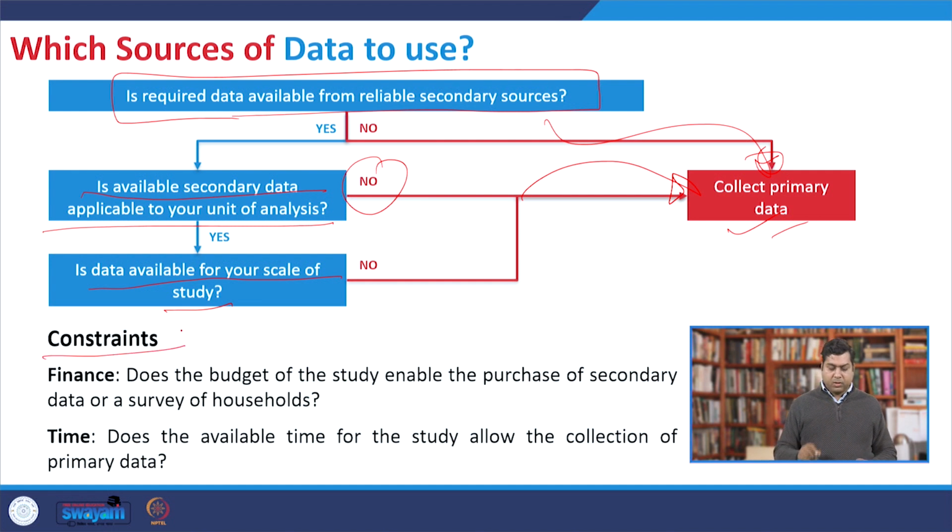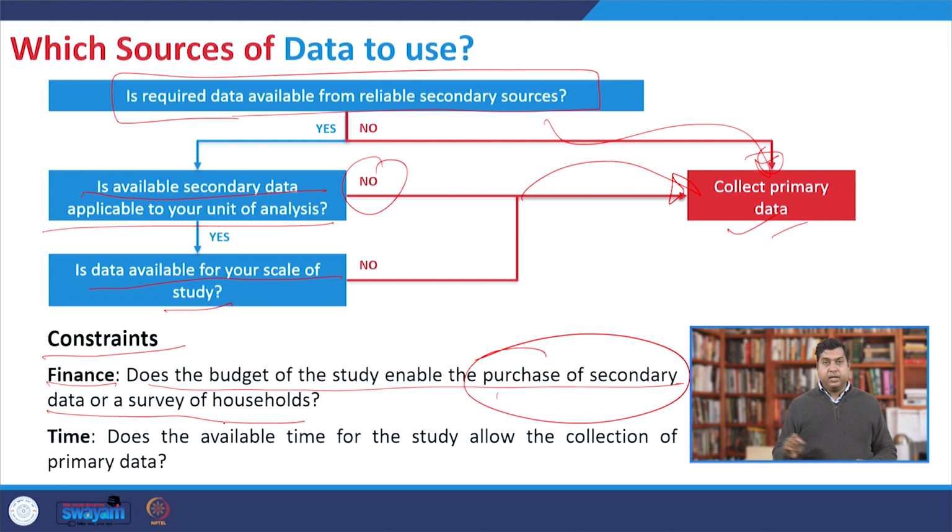Now the constraint of all this, one is definitely the budget. Does the budget of the study enable the purchase of secondary data and a survey, or do you just go for surveying the household? Some of the information is available, but as I said, it is not publicly available free of cost. You have to procure the data, you have to purchase it, and many times, like satellite image data, it is very costly.